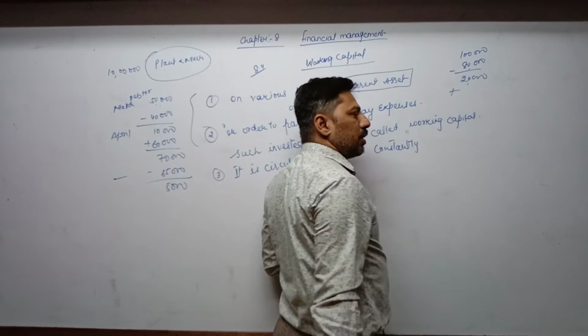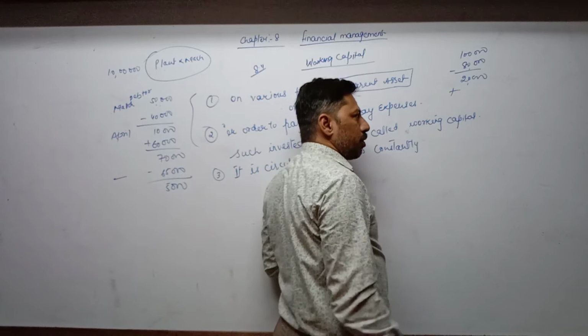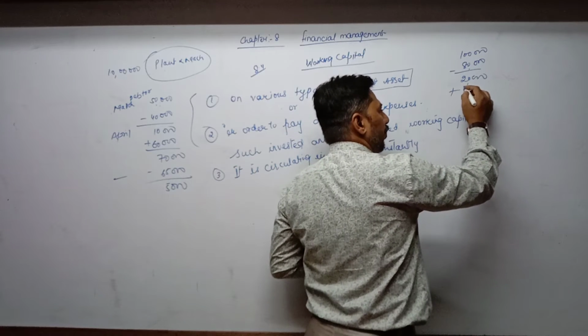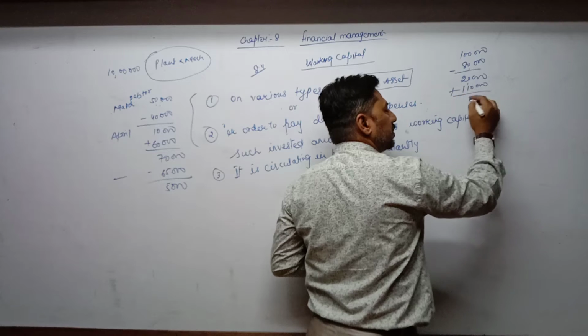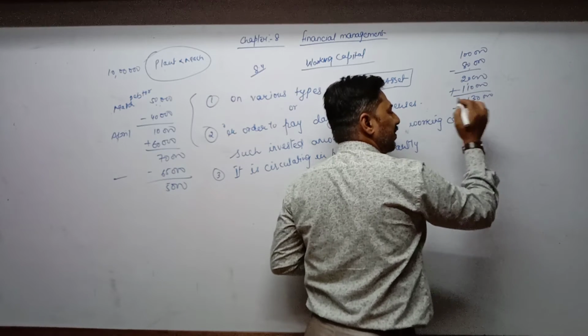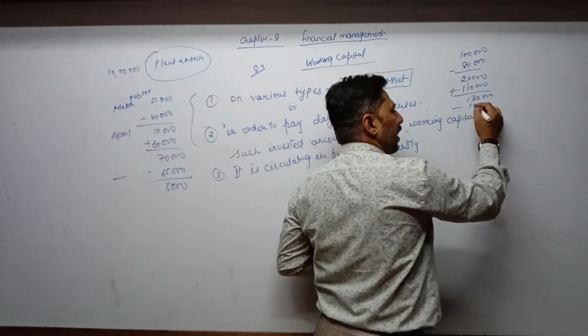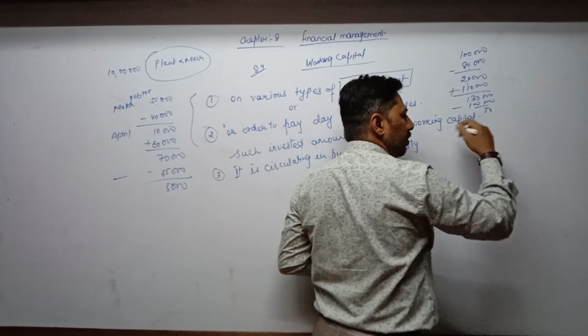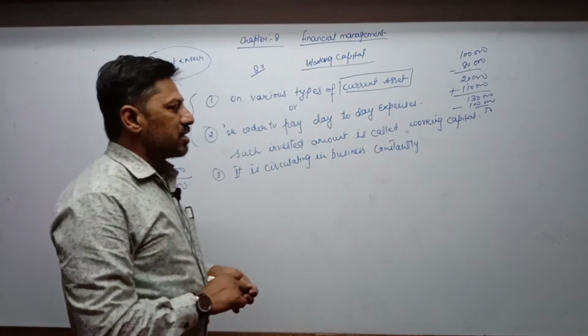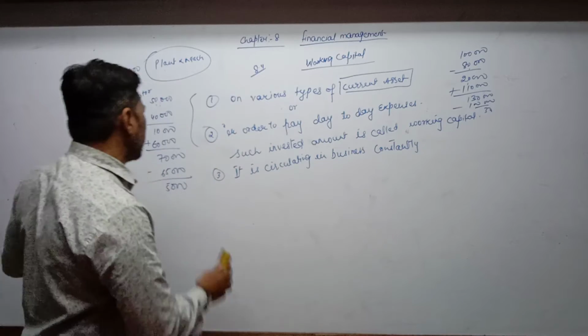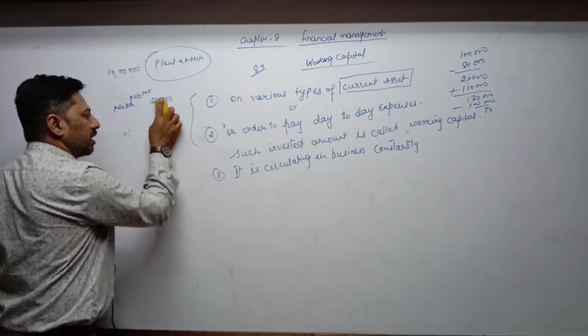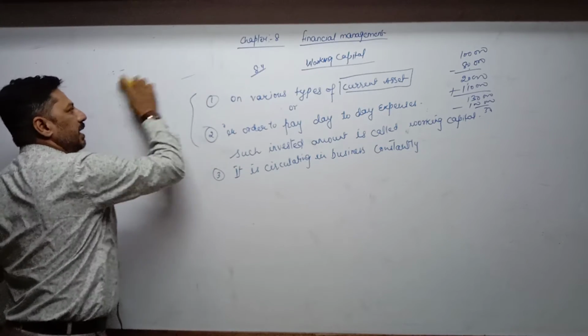Again we have purchased goods in order to run our shop. Suppose we have purchased goods of 1,10,000. Now stock becomes 1,30,000. Again we have sold goods of 1 lakh rupees in the whole month. Stock remains 30,000. It means current assets are changing continuously, constantly, and the amount invested on current assets is called working capital.